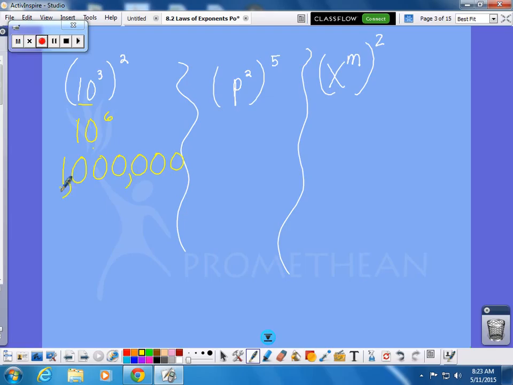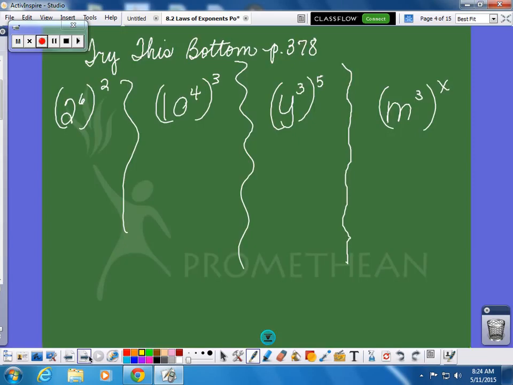All right, and so this, keep the base the same, multiply the exponents. Usually I write my number as my coefficient before my variable. That's just a habit we have, right? That's typically what we do. All right, so if you guys will try those, we'll do them for dollars.